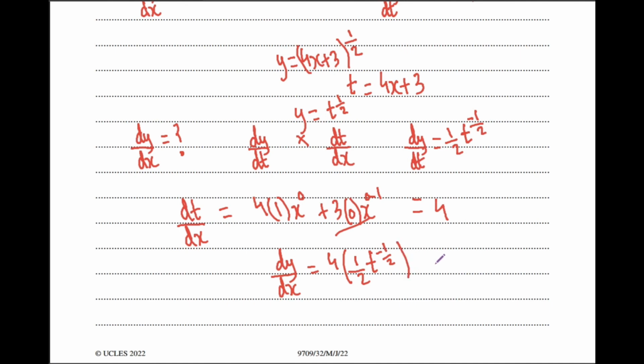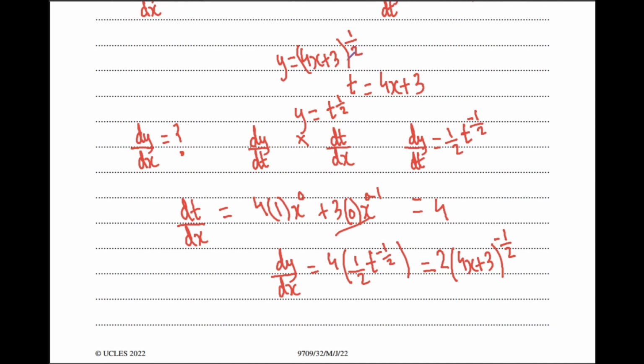Well, remember, it has to be in terms of x, but we know what t is in terms of x, so we can do 4 divided by 2 straight away. We have 2, and then t is just 4x plus 3. So you're left with (4x plus 3) to the negative a half. And that's it. That's the derivative of this function right here.